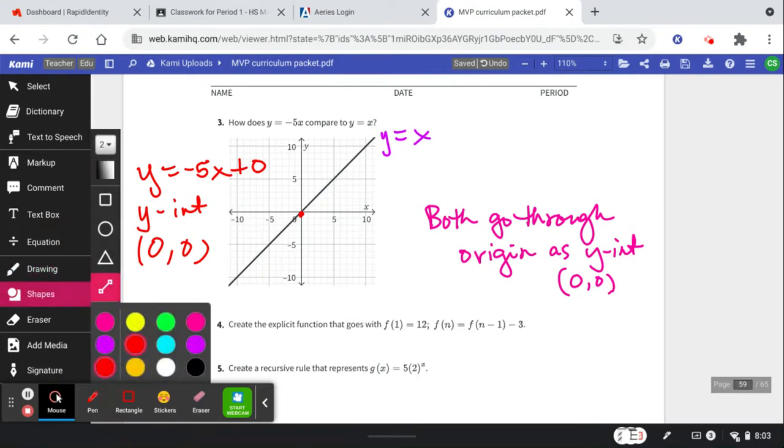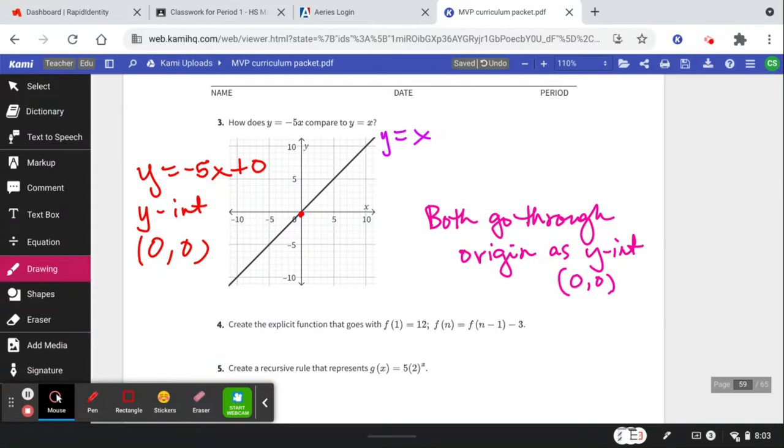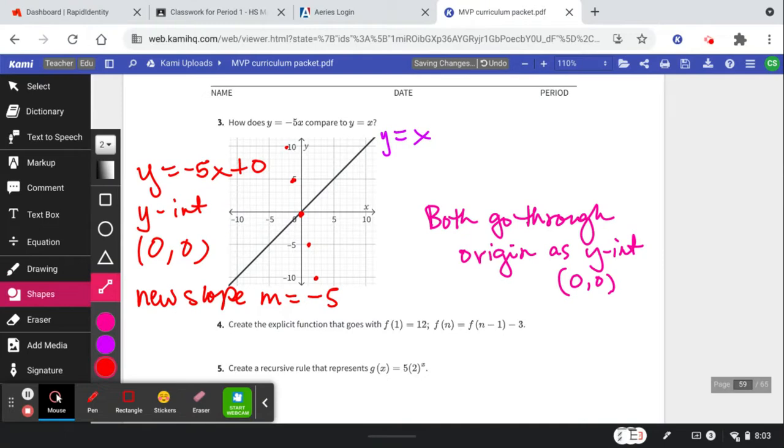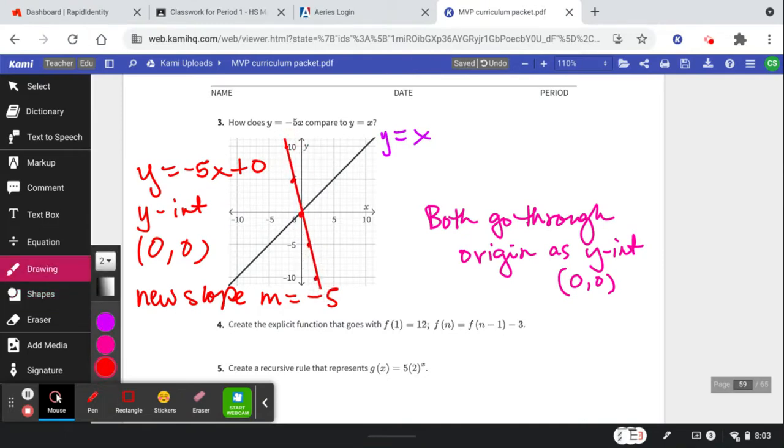But this one has a different slope. The slope, instead of 1, 1, 1, 1, is now down 5 over 1, down 5 over 1, or up 5, back 1, up 5, back 1. So check out how steep this graph is compared to our original.